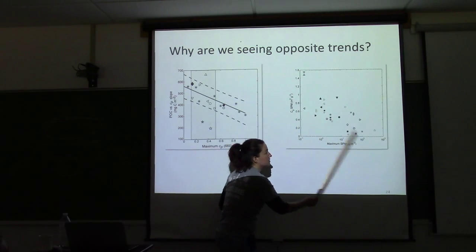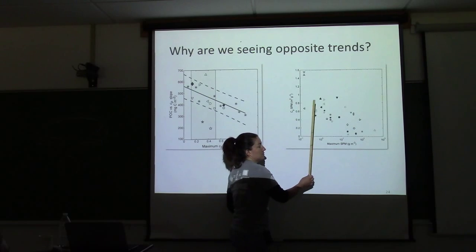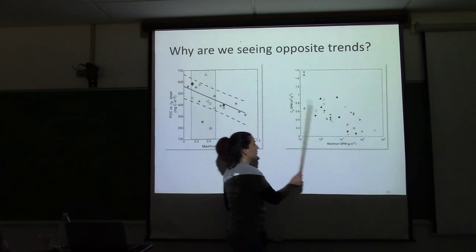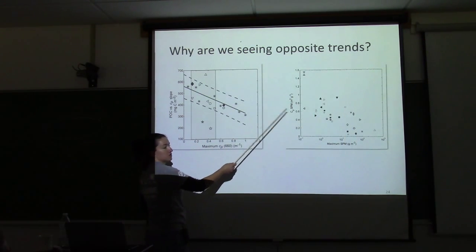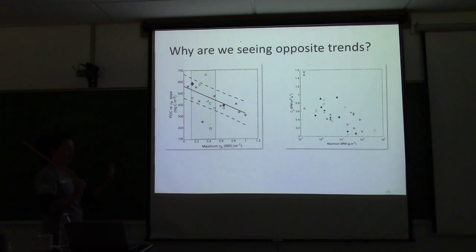What is driving this trend, as Emmanuel was saying, is dominance by big particles, which interfere and mess up the measurement of CP. What you see in CP is actually underestimating the amount of SPM that is present there. I'm not understanding.